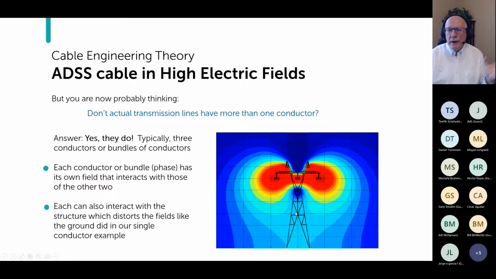And the fields also interact with the structure itself. The structure tends to act like ground and drive the field to 0 in its immediate vicinity. So it's distorting the field, which is to say it's changing the intensity close to it. And that's going to be important when we look at corona in particular later.